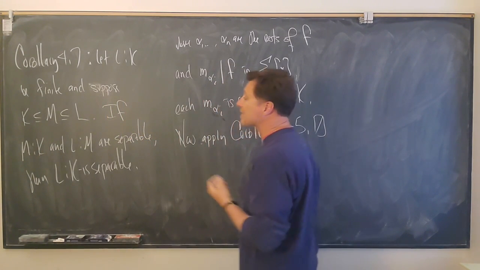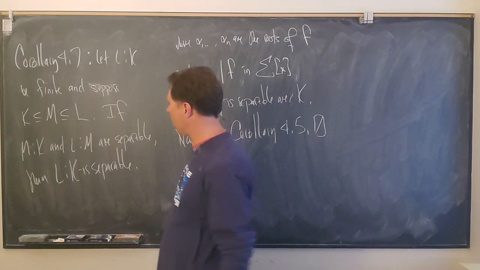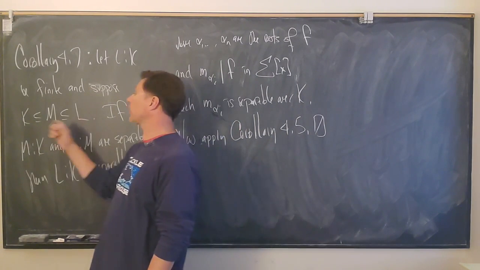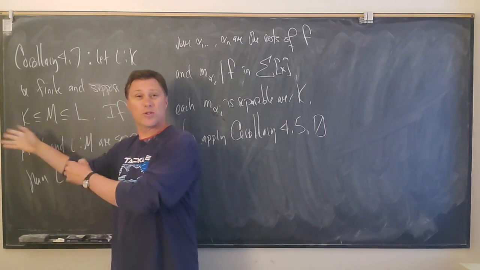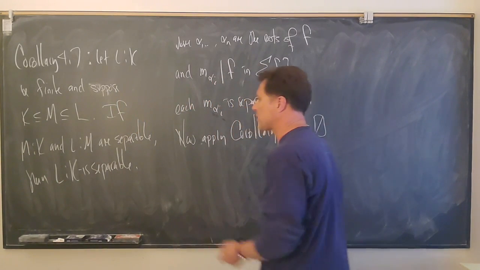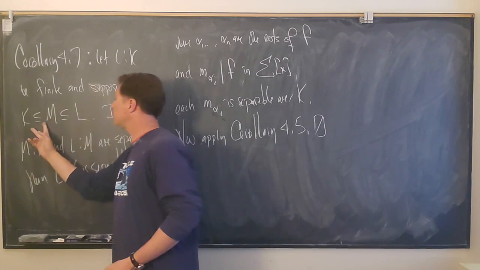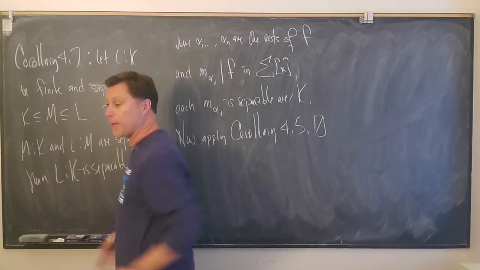So remember last time what we had was if we know L over K is separable, then we know M over K and L over M are separable. This is sort of going the opposite direction, right? So now it's saying if you know that this one and this one are separable, then you can show that the big one is separable.